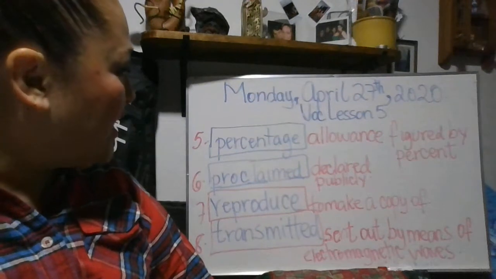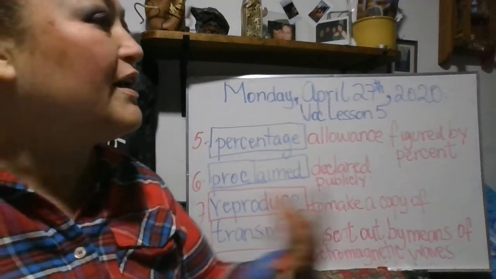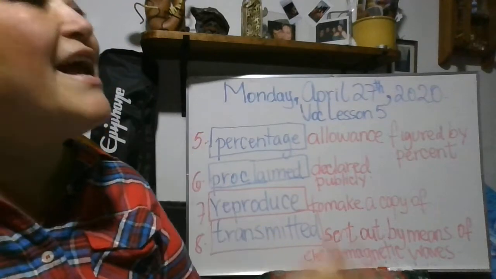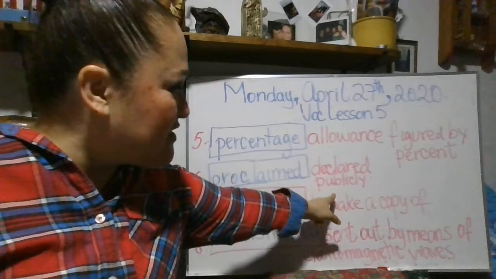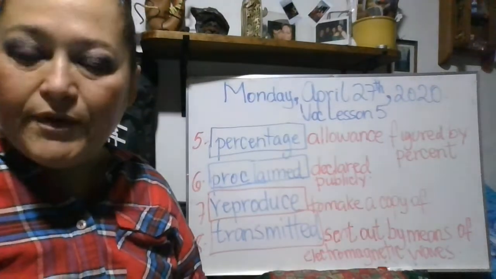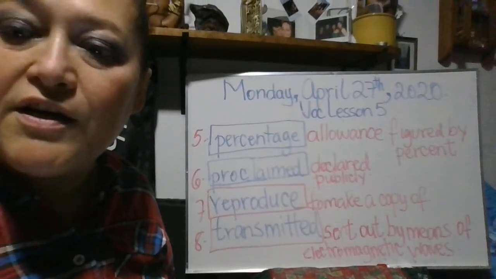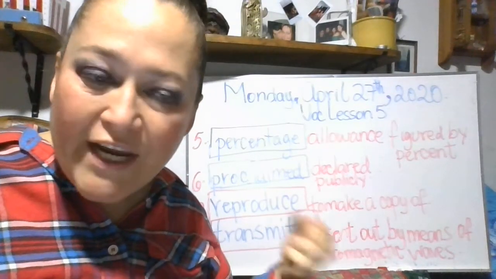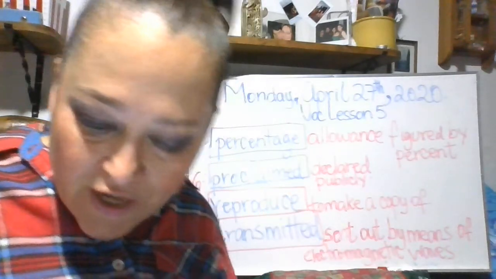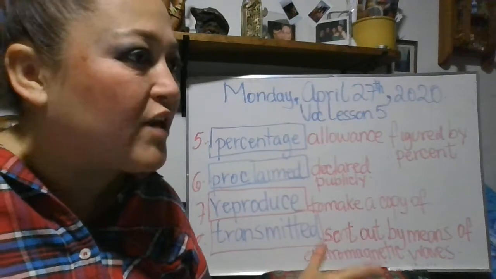Next word, proclaimed, to declared publicly. To proclaim is to declare when there's a lot of people. That's why it says publicly. Another synonym that you can use for this is to announce, or is to declare, or to blaze, to broadcast.